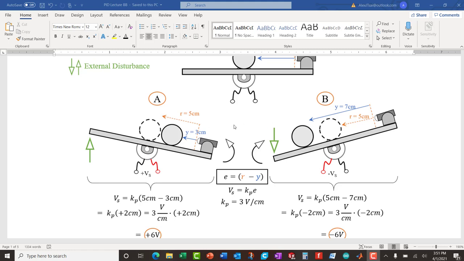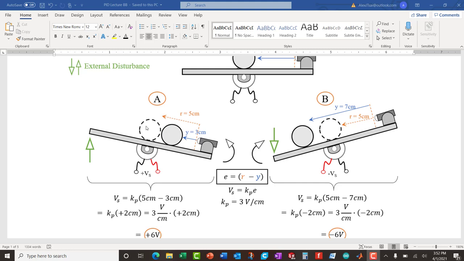Now, let's say we apply this proportional controller to this system. We would very quickly realize that the ball will never settle in the center. What actually happens is this ball starts oscillating back and forth. It wants to get there, but it can't. There's something happening, and this is where control theory comes in.